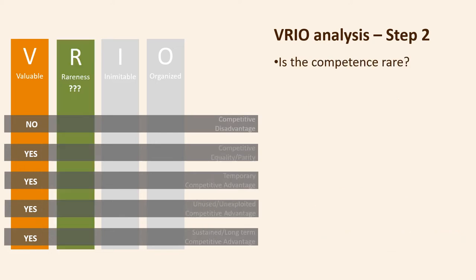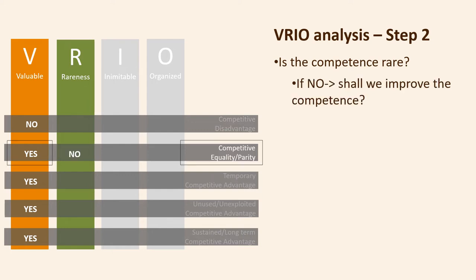We continue to ask ourselves if it is a rare competence. If we consider that the competence is not rare and thus a no, then it is a consideration whether we should improve our competence to become stronger, and therefore go ahead with the VRIO analysis, or whether we should stop the VRIO analysis at this point on this competency.